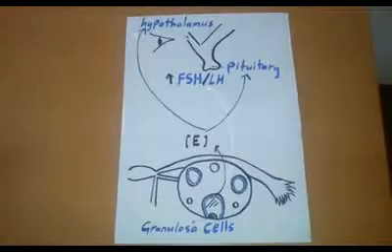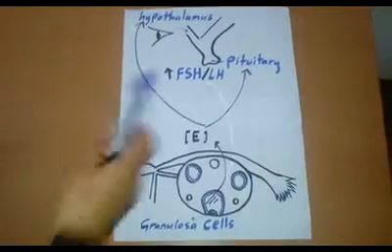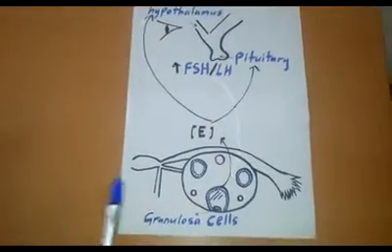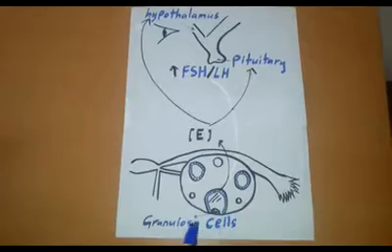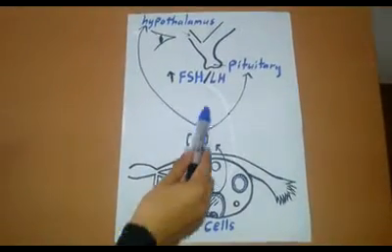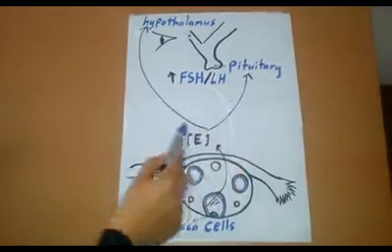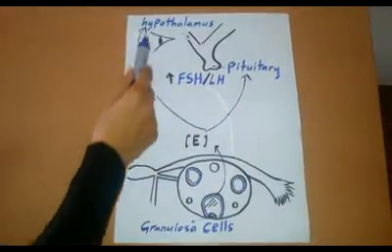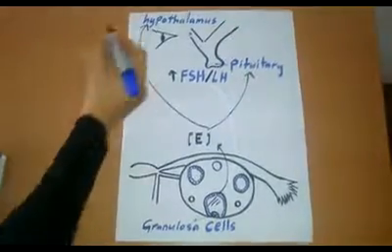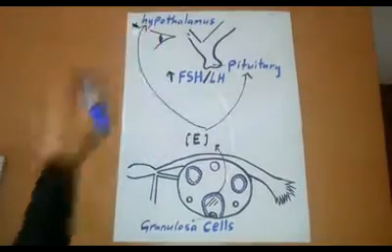Clomiphene actually blocks the estrogen receptors of the hypothalamus and pituitary. Estrogen is made by granulosa cells and feeds back to the pituitary and to the hypothalamus, the area that controls the pituitary, but it is blocked by clomid.